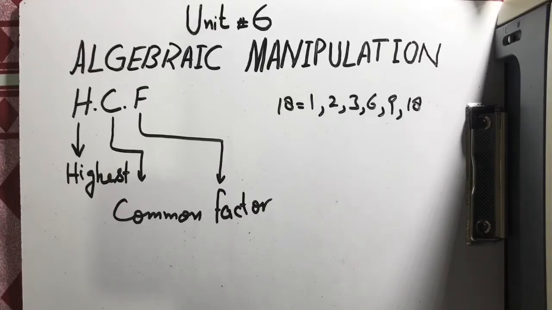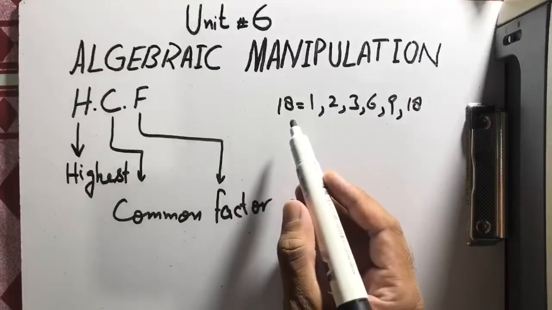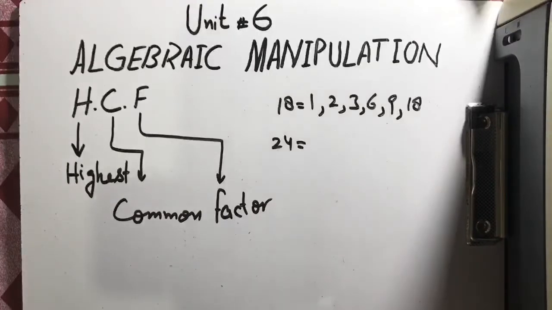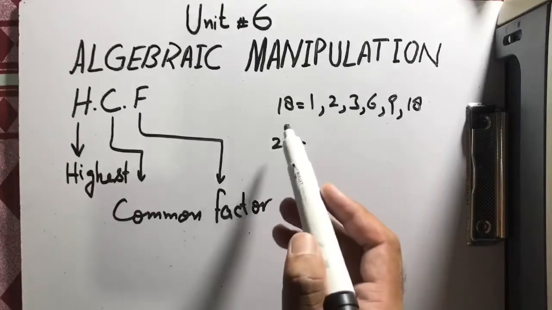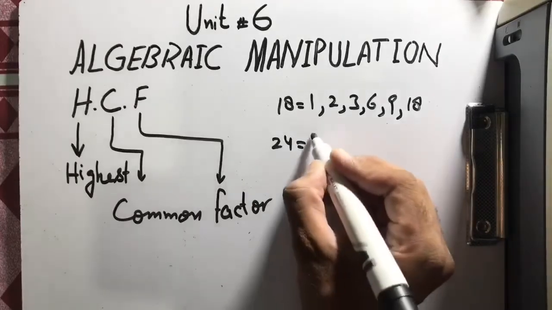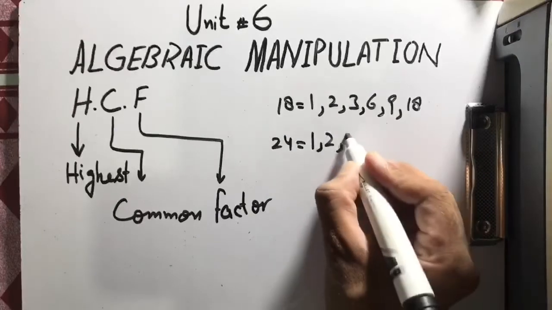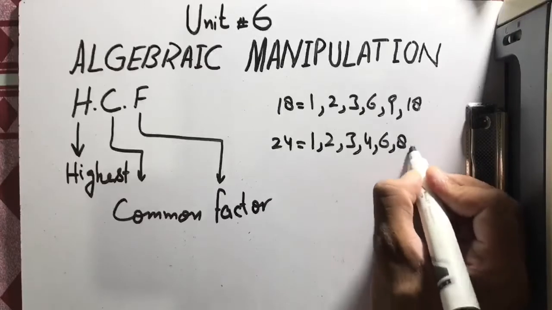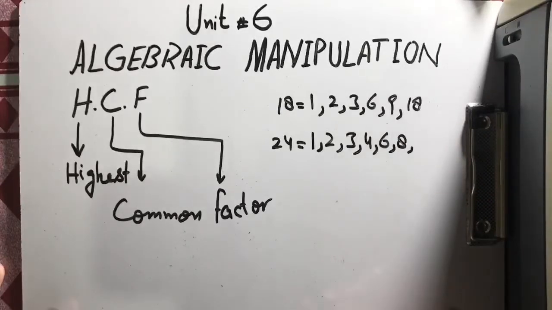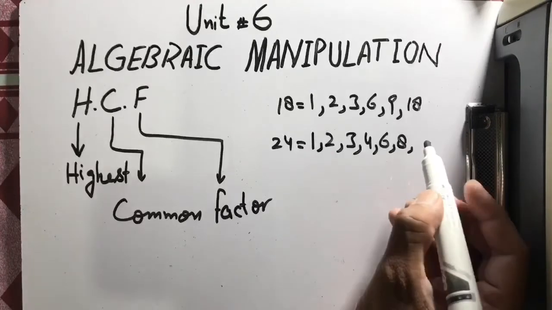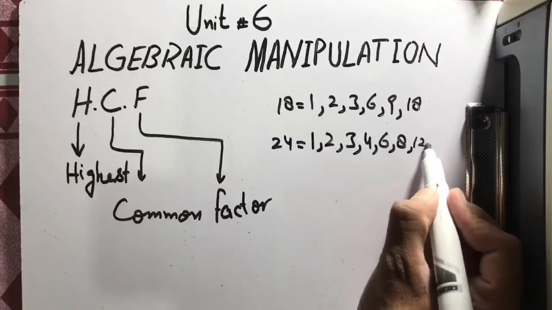The HCF, we take HCF between two numbers. I take the first number 18, second number 24. Now I find the factors of 18 and the factors of 24, that are 1, 2, 3, 4, 6, 8, 12 and 24.